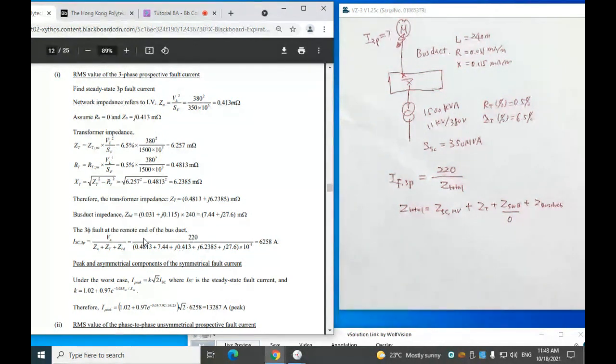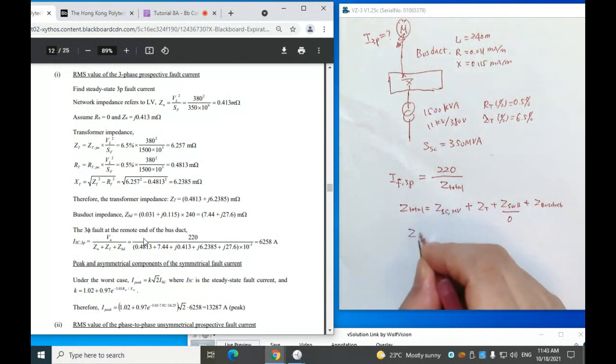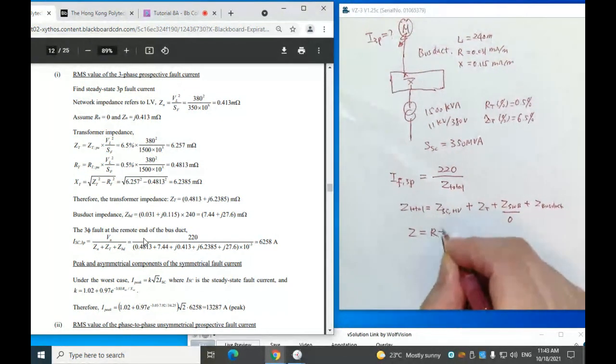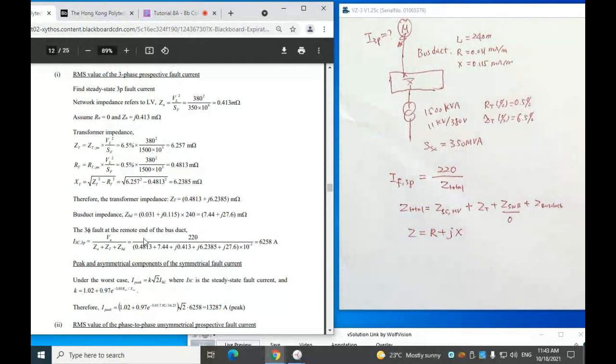When you do the calculation of impedance, you have to know whether it is the resistance value or the reactance value, because the total impedance is usually equal to the resistance plus jX. R is a real value, and j means the reactance, or a complex value.